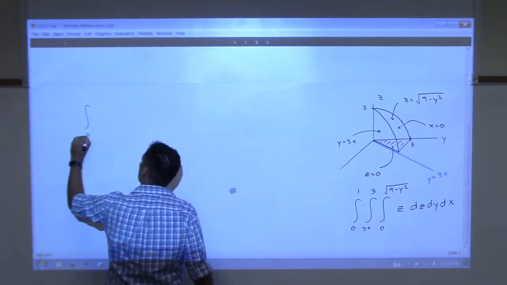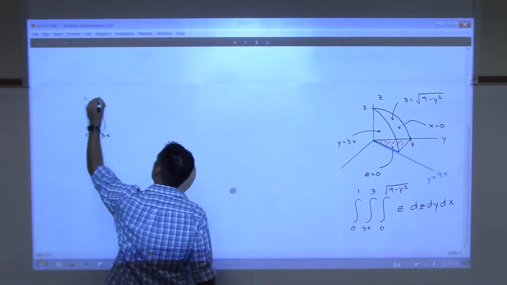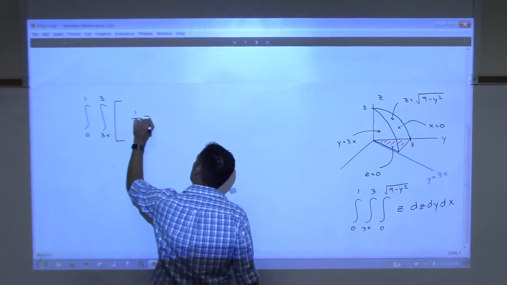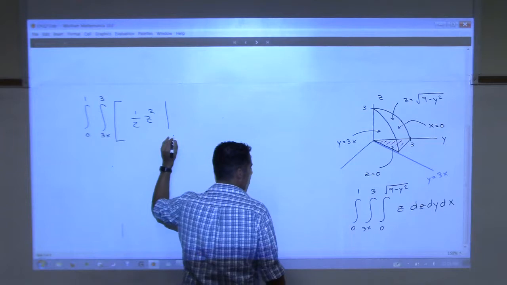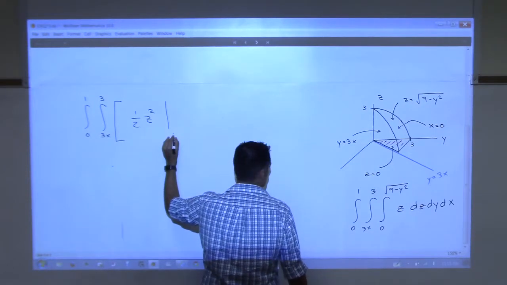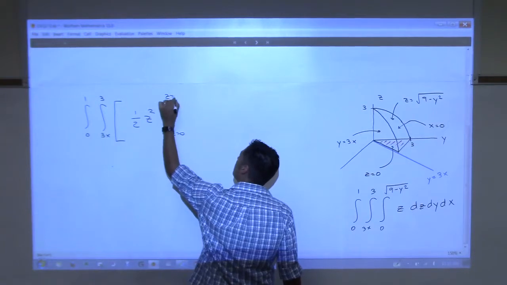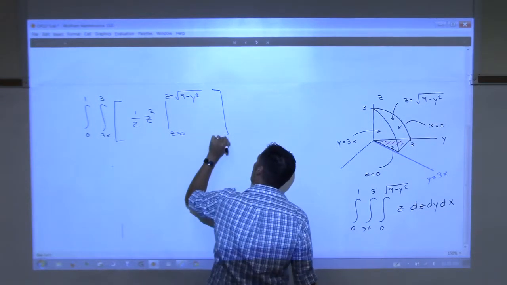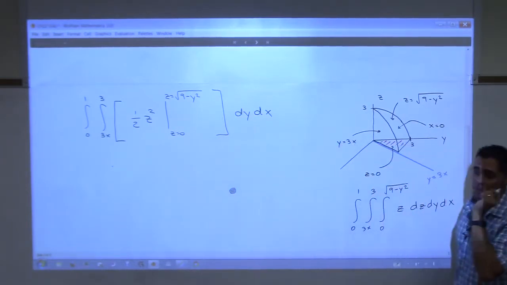So integral 0 to 1 is the outer integral. The inner or middle integral is this one. And then the inside integral is now 1/2 z squared. And I'm evaluating from where to where? 0. So z equals 0 to z equals square root of 9 minus y squared. I'm going to figure out what that is, then I'll integrate with respect to y, then figure out what that is, and then integrate with respect to x.